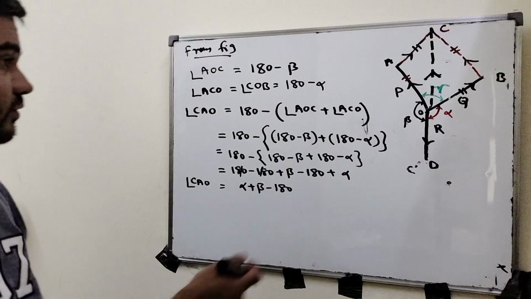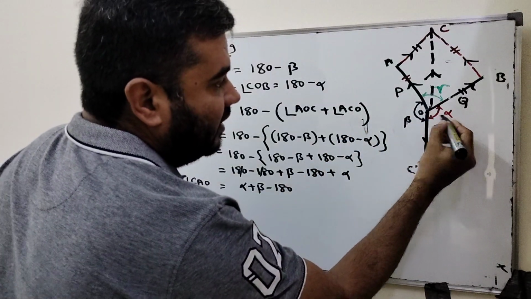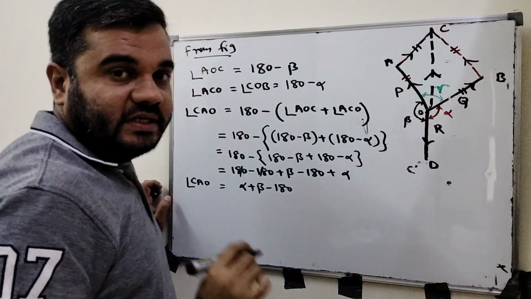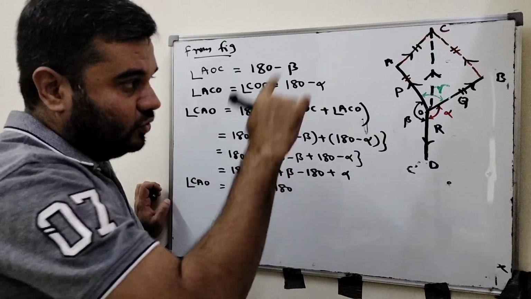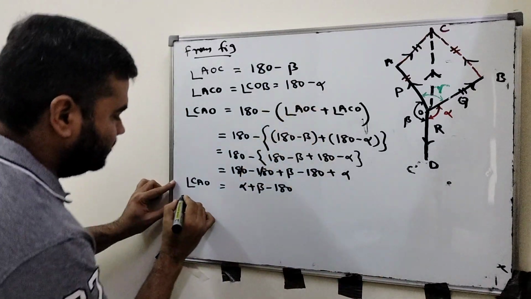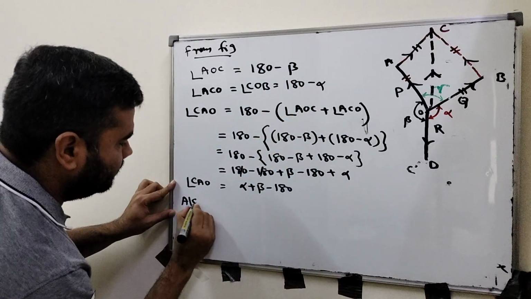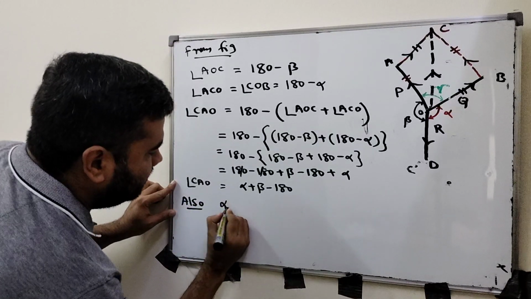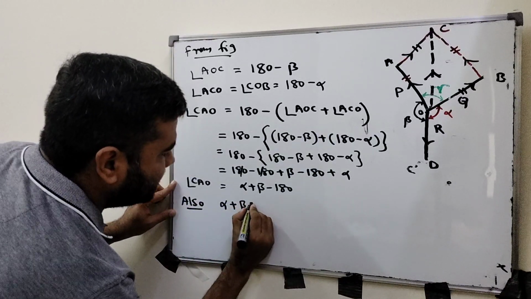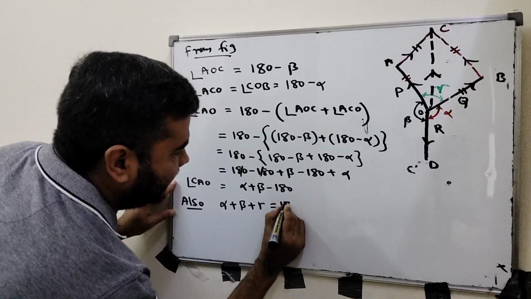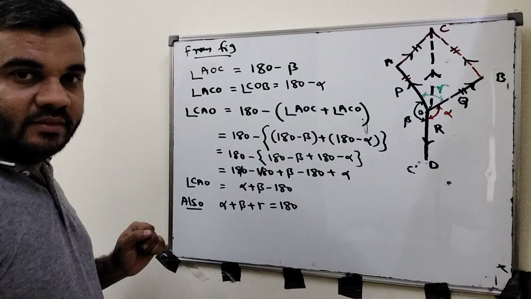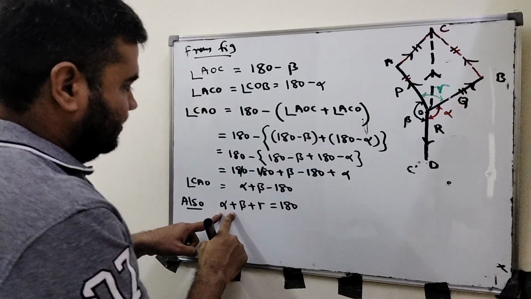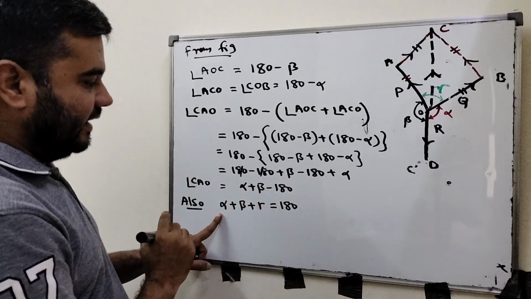Now also we know that the angles alpha plus beta plus gamma equal to 360. The total is 360. Will you agree? Now here, alpha plus beta minus 180.